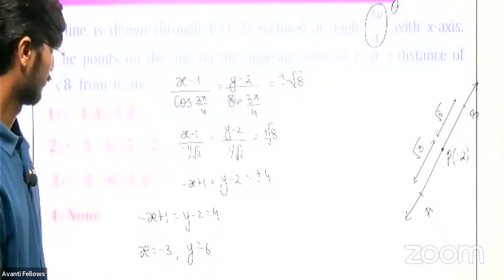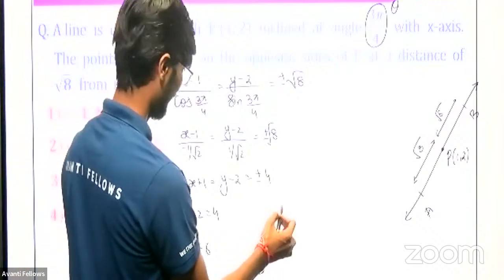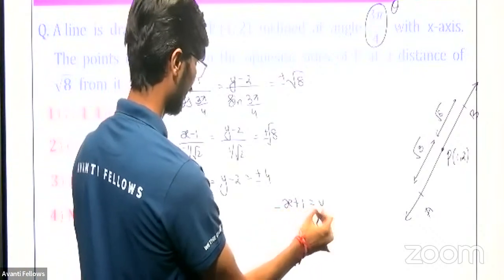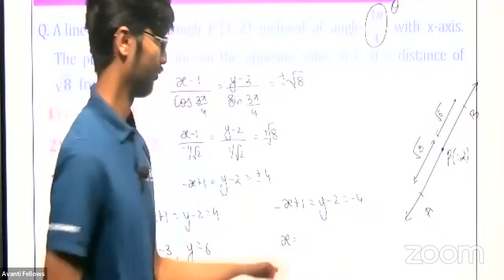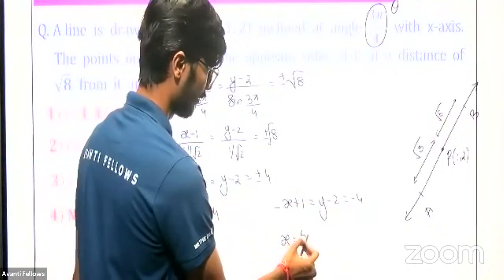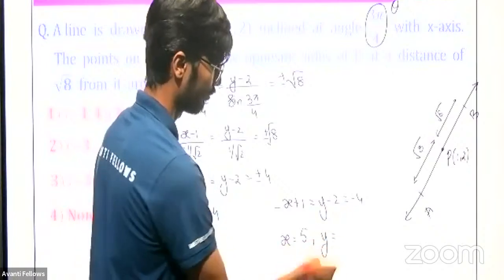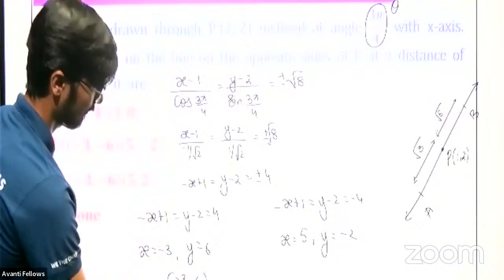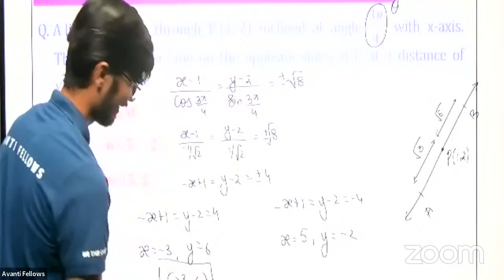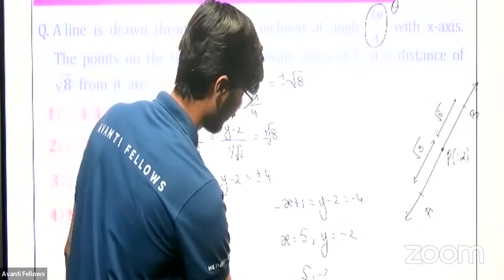Correct? Yeah. And if I take minus x plus 1 equal to y minus 2 equal to minus 4, I'll get x equals 5 and y equals minus 2. So here my points are (minus 3, 6) and (5, minus 2).